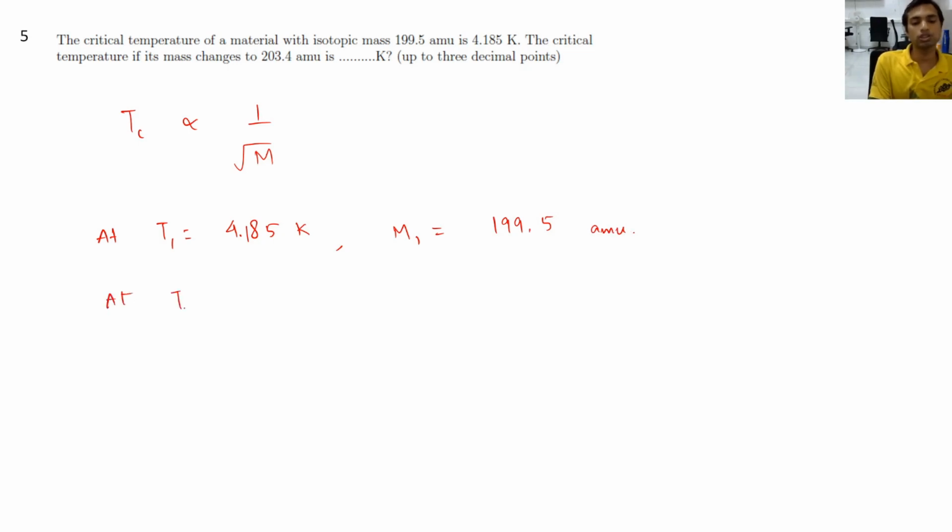You have been asked the temperature when your isotopic mass will become 203.4 atomic mass unit. So you just have to use this relationship: Tc is equal to some proportionality constant K over root M, where K is some proportionality constant.